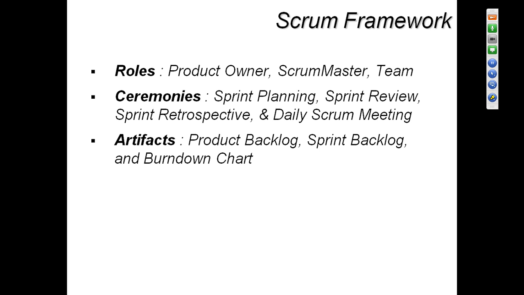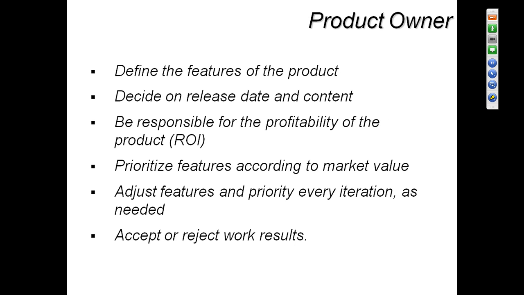Product owner is nothing but someone with pretty good knowledge of your application. He will be aware end to end, that means each and everything within your application. The product owner defines features of the products and decides the release date and the content.